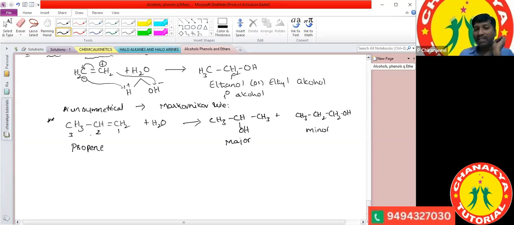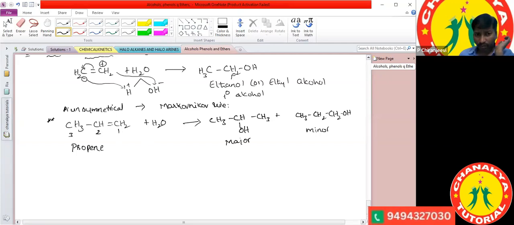In an unsymmetrical alkene, according to the Markovnikov rule, the negative ion attaches to the carbon which has fewer hydrogen atoms in the alkene.